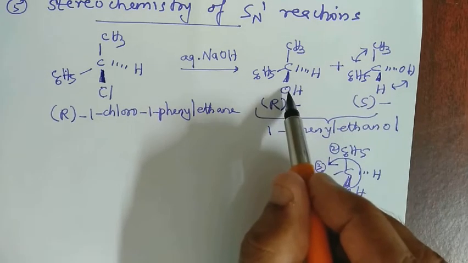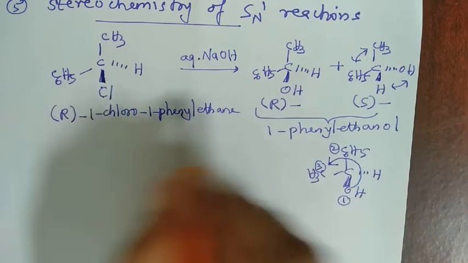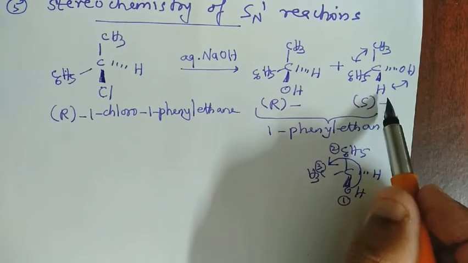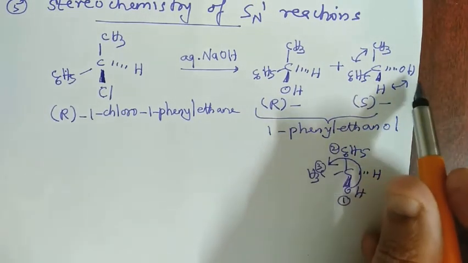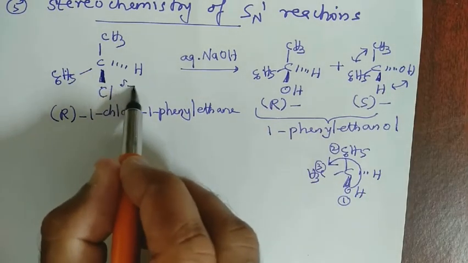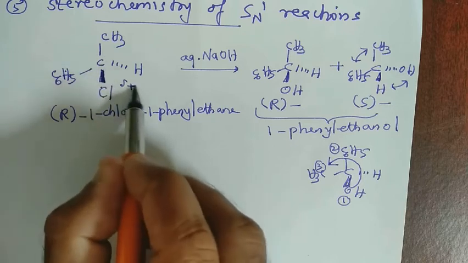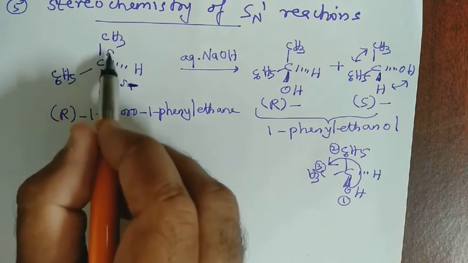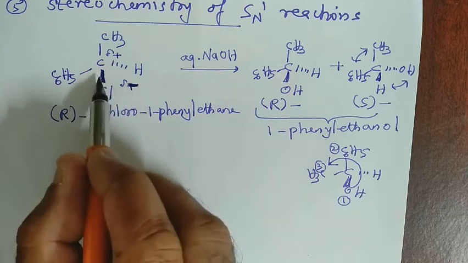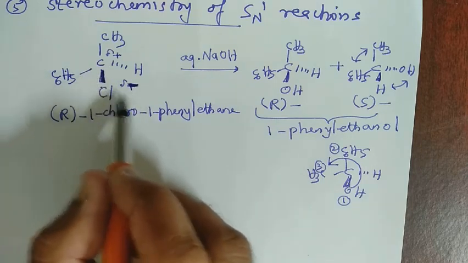This is formed by front side approach of the OH minus ion. This isomer is formed by rear side approach of the nucleophile, that is OH minus. In order to have a front side approach of the nucleophile, this chlorine should be removed from the molecule as a chloride ion.